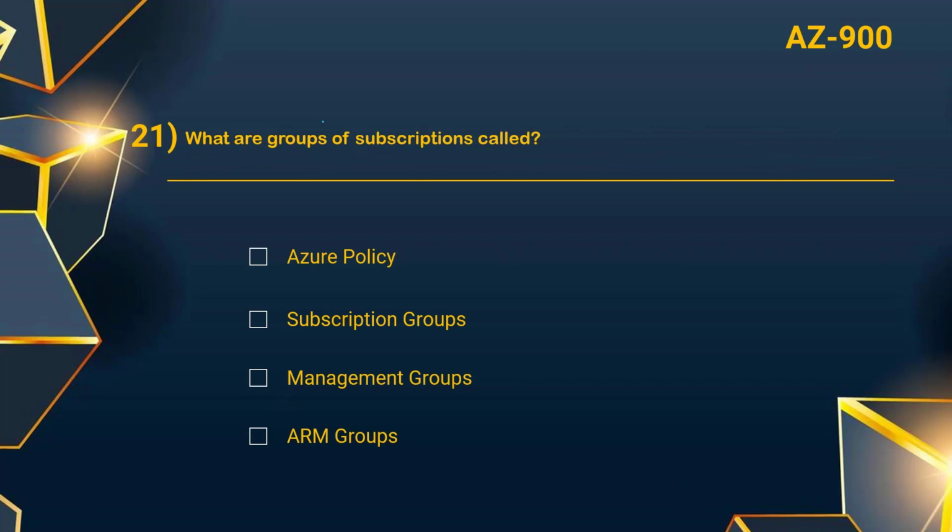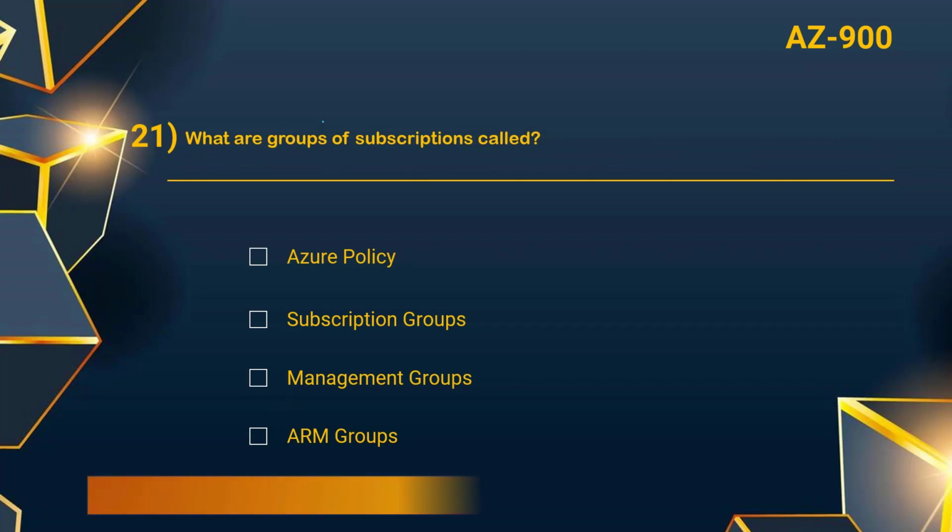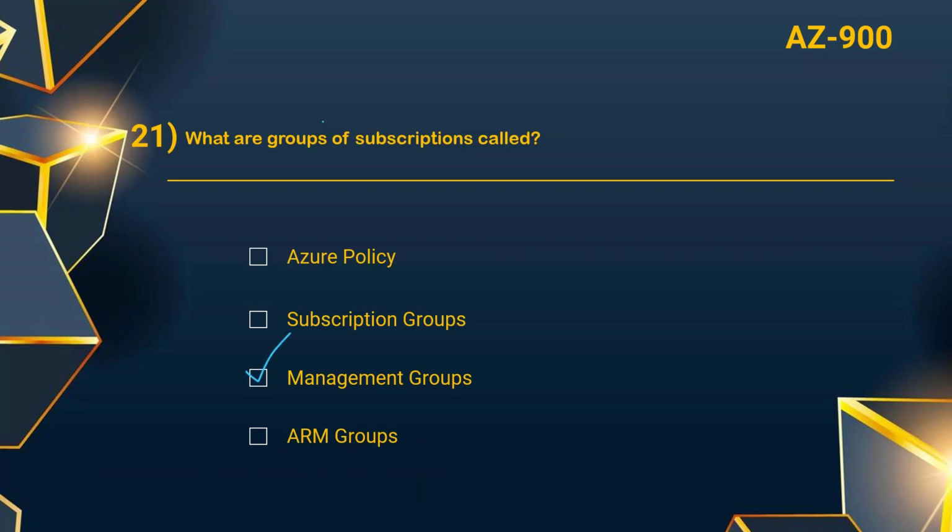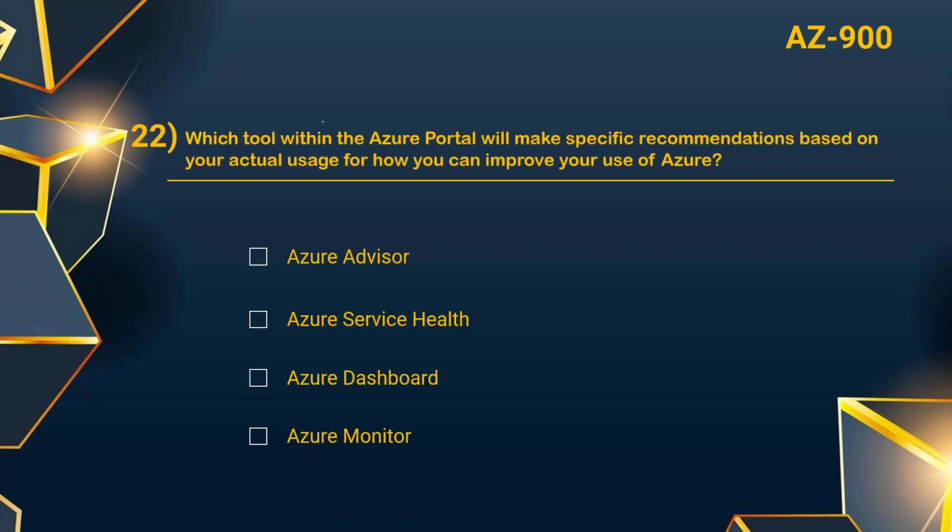What are groups of subscriptions called? Which tool within the Azure portal will make specific recommendations based on your actual usage for how you can improve your use of Azure?